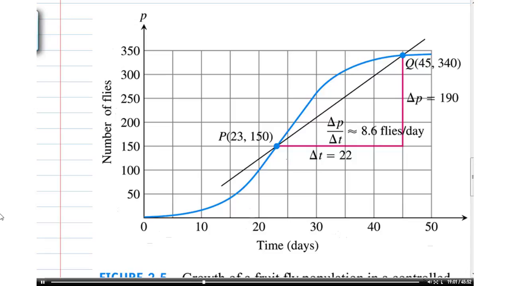That's what this line represents. Delta T represents the distance from here to here, and that's a distance of 22 days. So the secant line represents the average rate of change in the flies over the 22 days. Apparently our number of flies is changing at 8.6 flies per day on average.